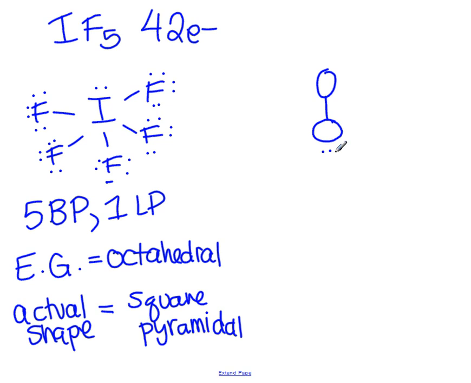Then I'm going to have 4 groups around the equator. 2 are pointing backwards, and 2 are pointing forwards. And if I want to put in my bond angles, between the North Pole and the equator is 90 degrees, and then also around my equator here is also 90 degrees. Everything with this one are 90-degree bond angles.